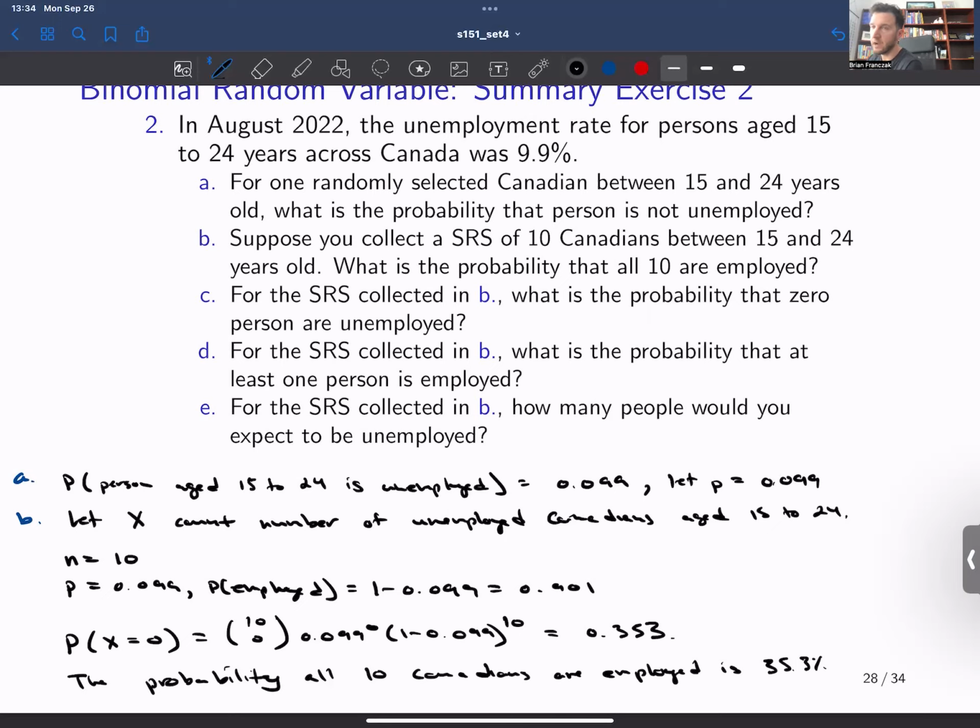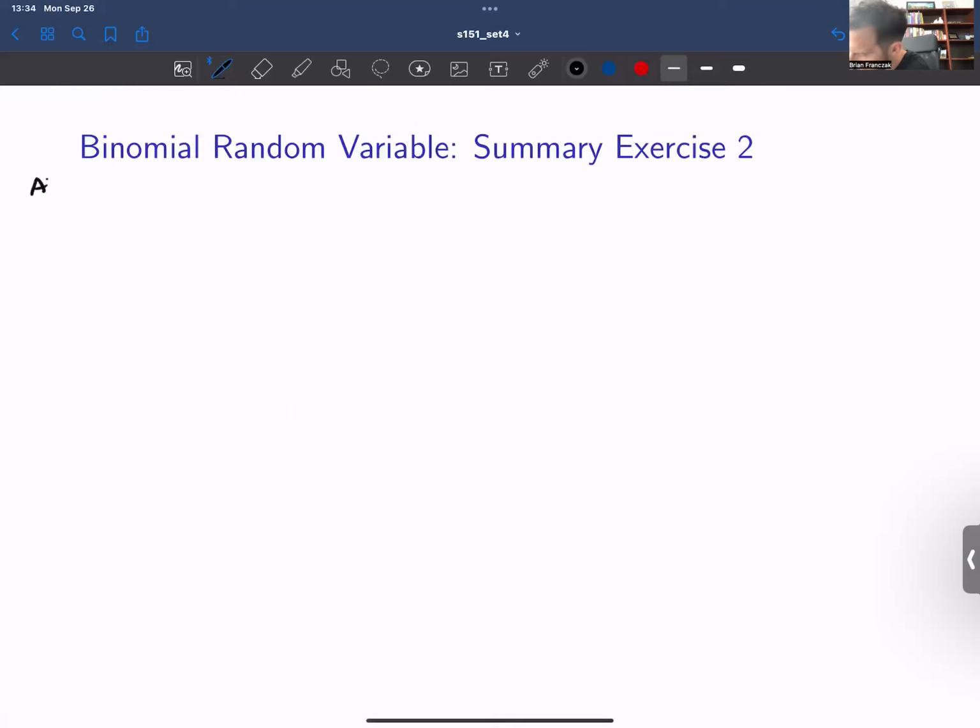So if I let Y count the number of employed Canadians, then the probability Y equals 10 equals 10 choose 10, times 0.901 to the 10, times 1 minus 0.901 to the 10 minus 10. And when you work it out, it is going to give you the exact same answer.